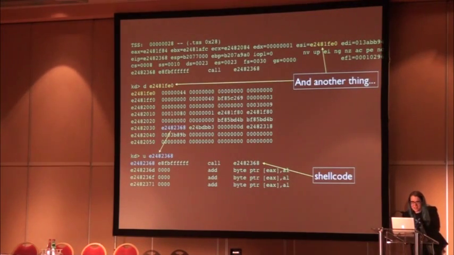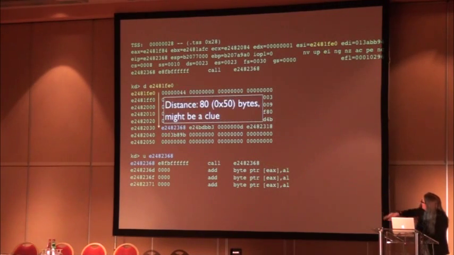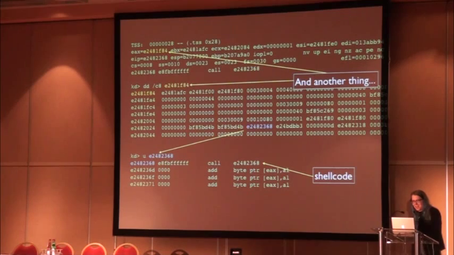The other thing is a quick guess that the jump into the shellcode is probably one of the registers plus an offset. Well, ESI plus that offset. So any place that ESI plus 50 hex appears might actually be the jump to the shellcode.